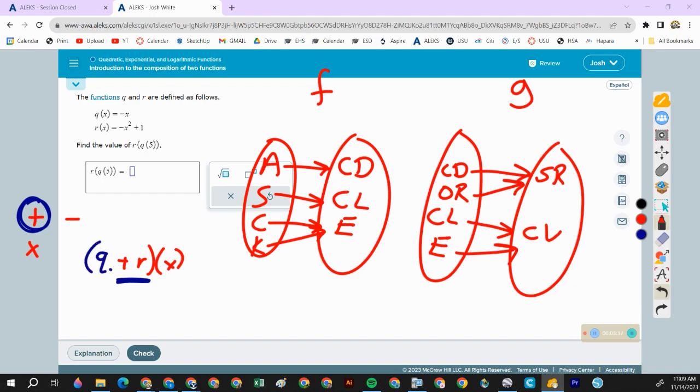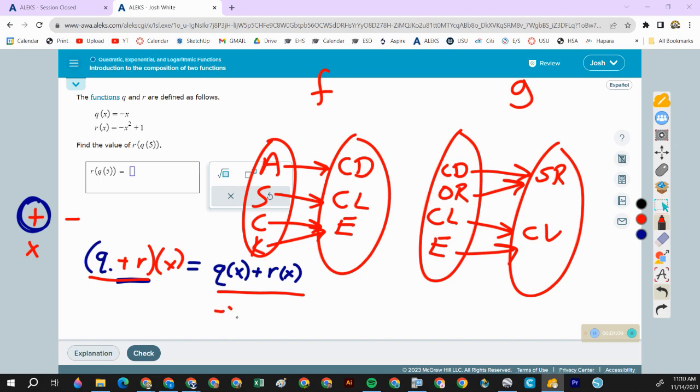So I want to build a new function whose name is q plus r. Well, how do you think we create that function? It's really easy. We do q of x plus r of x. So this is the name of the new function, and this is the instructions on how to build it.